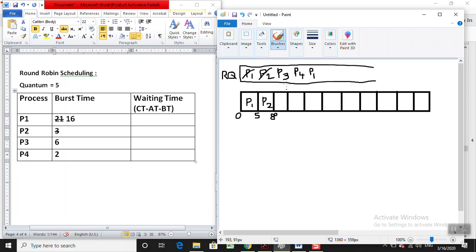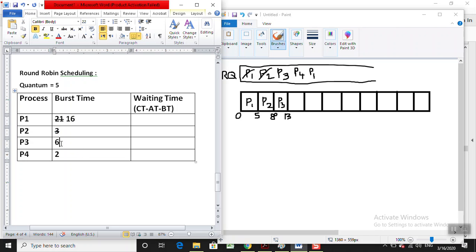Now what is there in the ready queue? P3 is there, and it will also execute for 5 seconds, that is the quantum, because its total burst time is 6. So it executes for the quantum, 8 plus 5, which is 13.